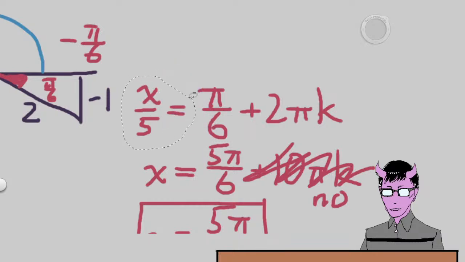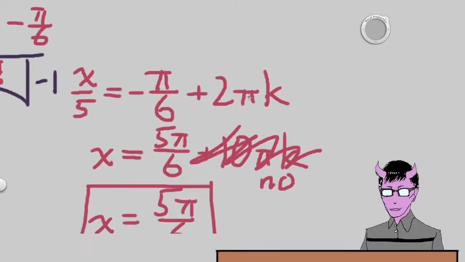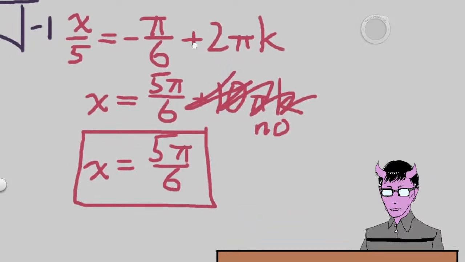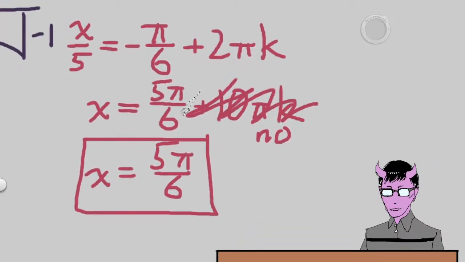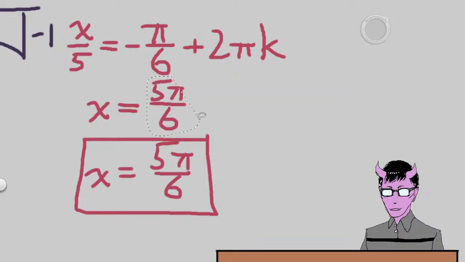We could easily rectify that. Let me move this around. So that's supposed to be negative pi over 6, and that means, let's consider this again. Negative pi over 6, and then plus, what was it, times, multiply 5 to both sides, so this becomes negative 5 pi over 6.